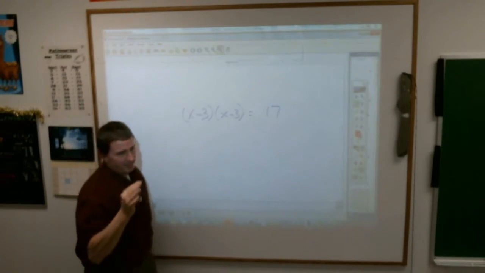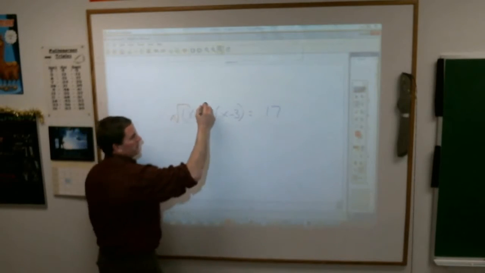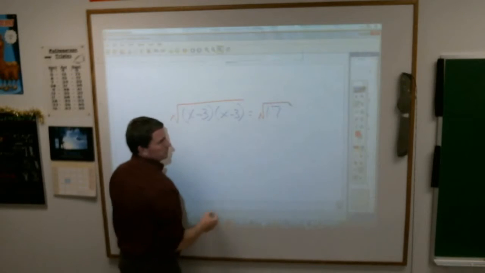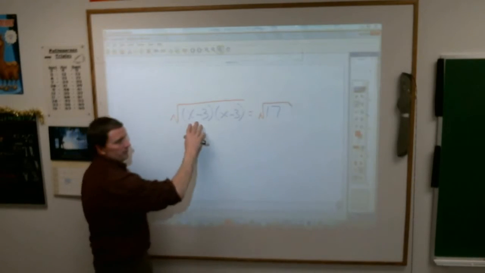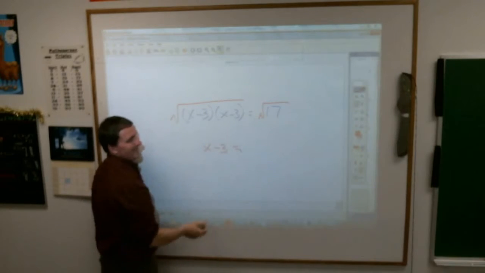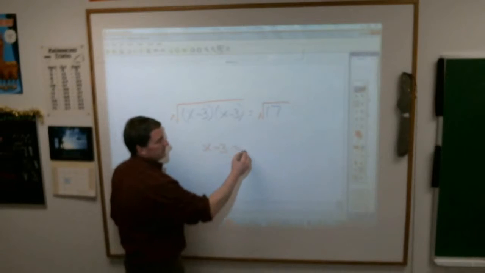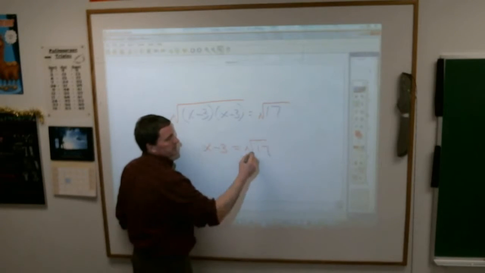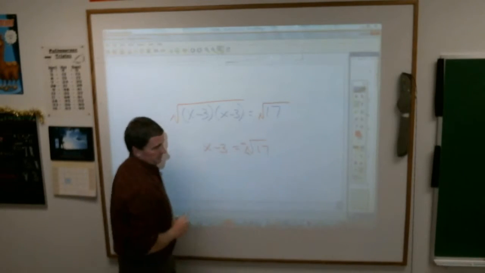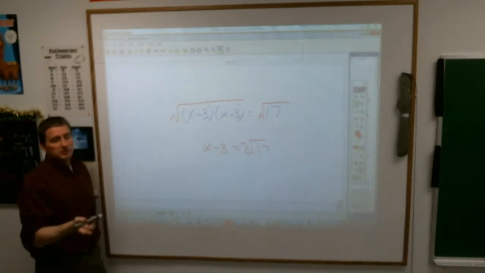The difference is you're not going to be able to add or subtract them in the end. It's going to look like this. You still take the square root, you still take the square root. Square root of this is simply x minus 3. You cannot do anything with the square root of 17, so you just have to leave it as the square root of 17, but it is still plus or minus square root of 17. And unfortunately, your answer is going to just look like this.